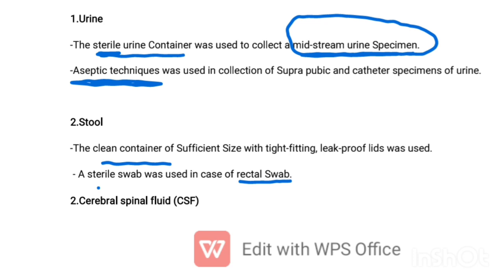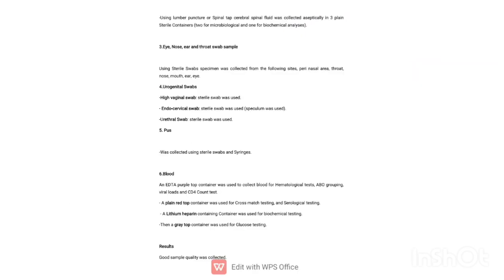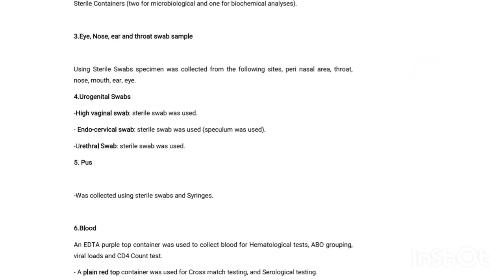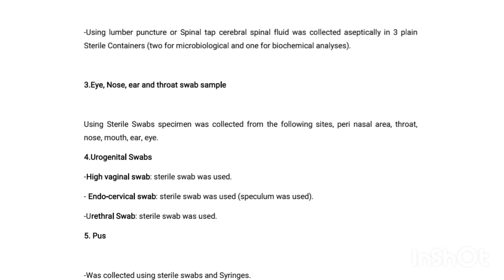Let's go to cerebrospinal fluid. This is the fluid from the spinal cord. What do we use? We use lumbar puncture or spinal tap. That's the method we use to collect.